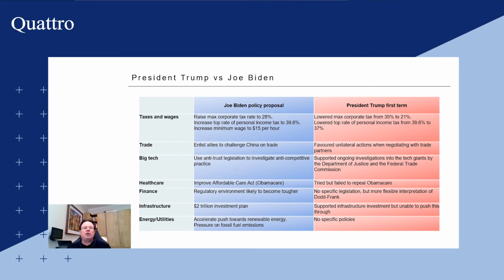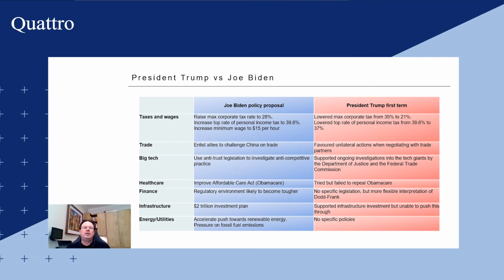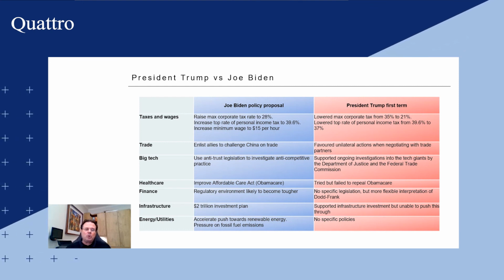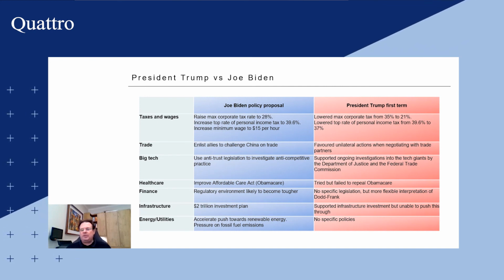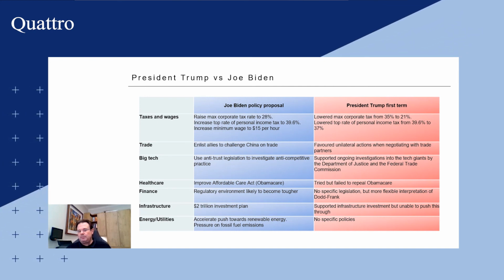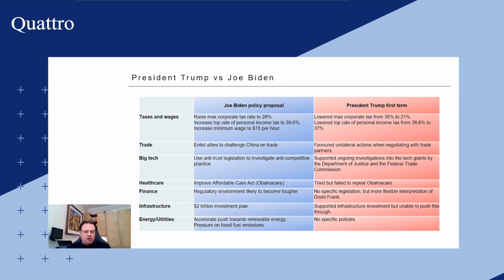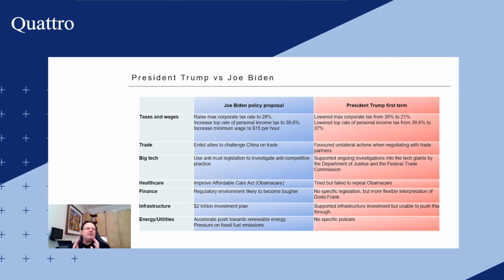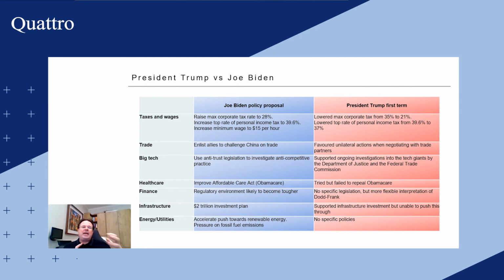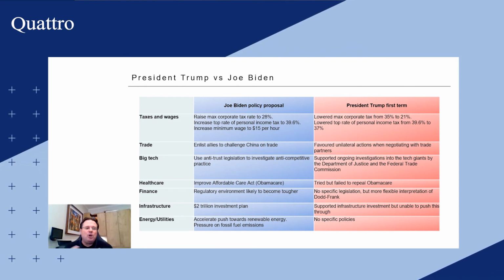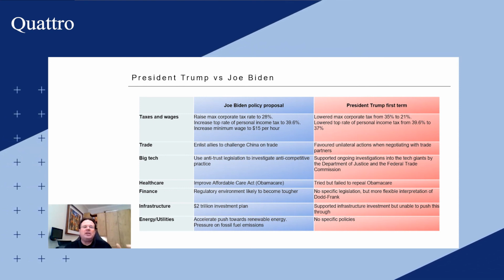The markets tend to like more of a Republican type presidency, although there were aspects to Trump's presidency that obviously were not favorable. So I think the markets will be anxious by a Biden victory, but Biden doesn't represent a radical socialist. He's not Bernie Sanders. He's not Elizabeth Warren.